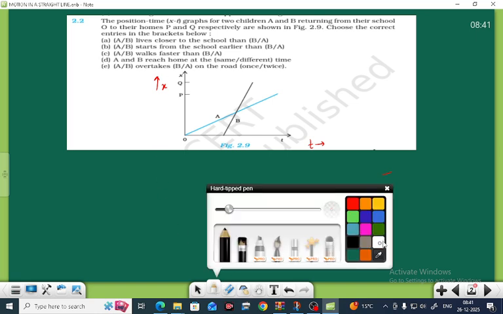So first of all, you see here what is given in part A. You can see that A and B are returning from their schools to their homes P and Q respectively. The home of A is P and the home of B is Q. Since this is distance, you see that OQ is greater than OP, right?